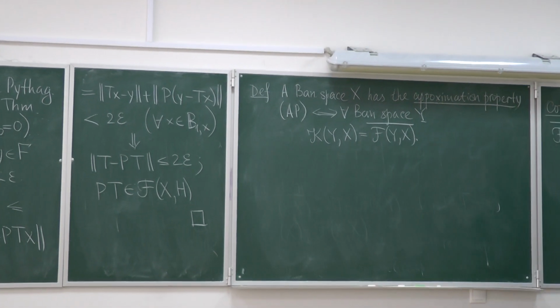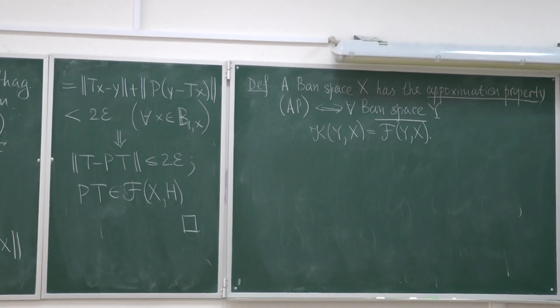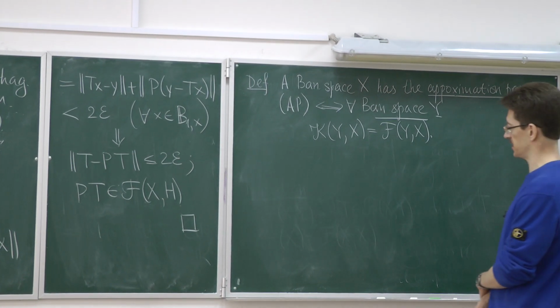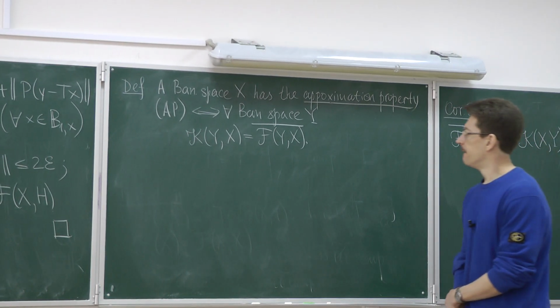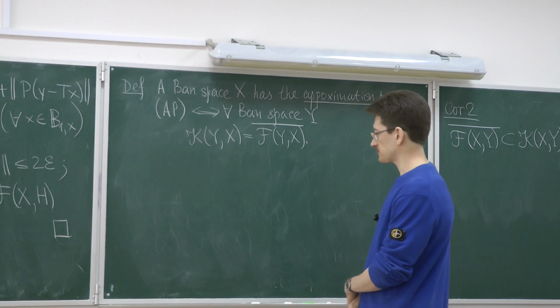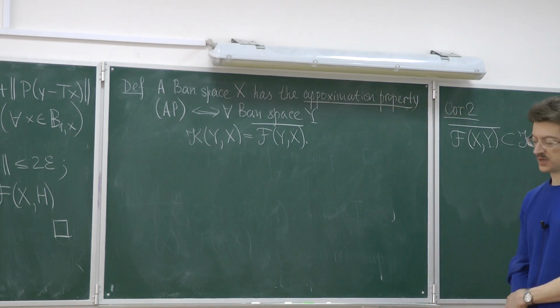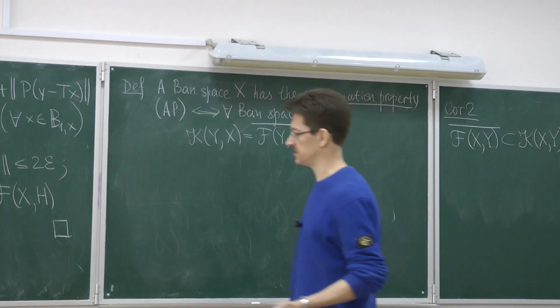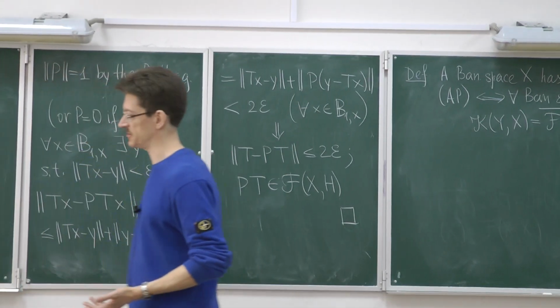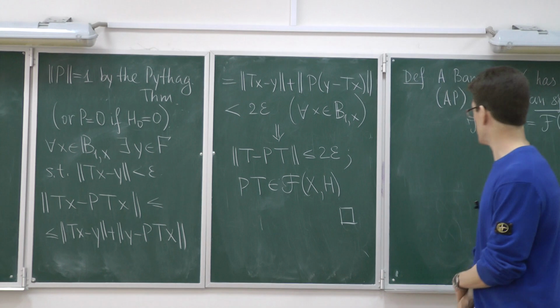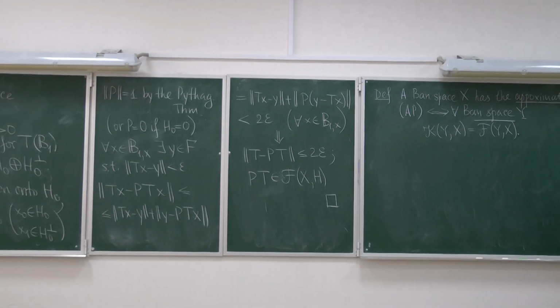That is, each compact operator from Y to X can be approximated by finite rank operators from Y to X. So what we have just proved is that each Hilbert space has the approximation property. Grothendieck introduced this definition.